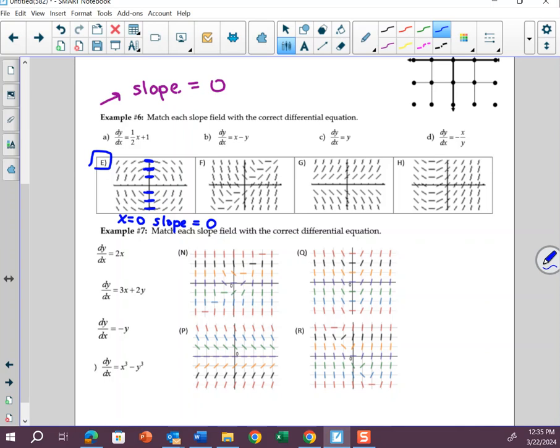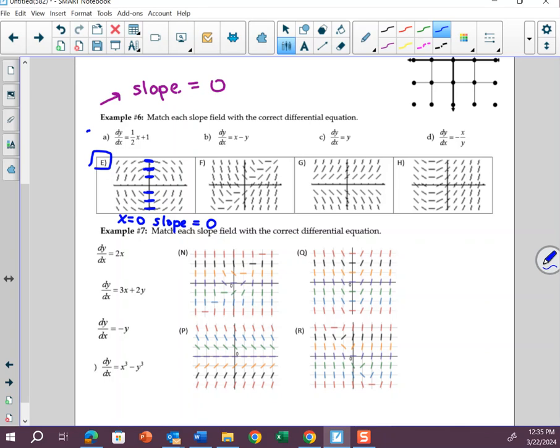So E would have to match up with a differential equation that would tell me that every time my x is 0, my slope would be 0. Every time my x is 0, the overall slope would be 0. That wouldn't happen in A, because when x is 0 on A, the slope would be 1.